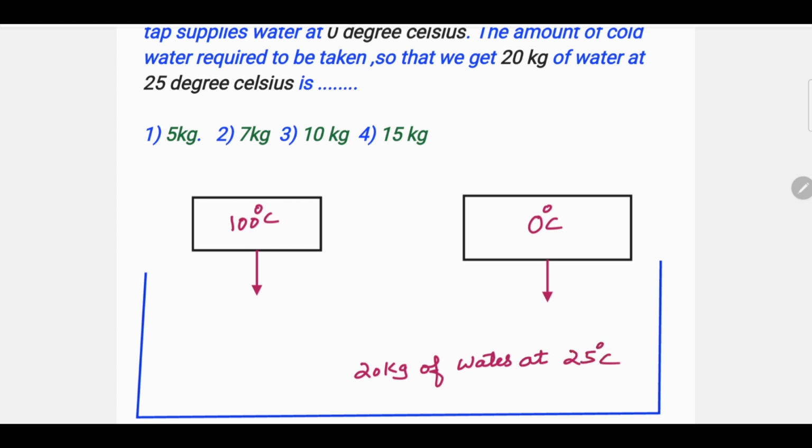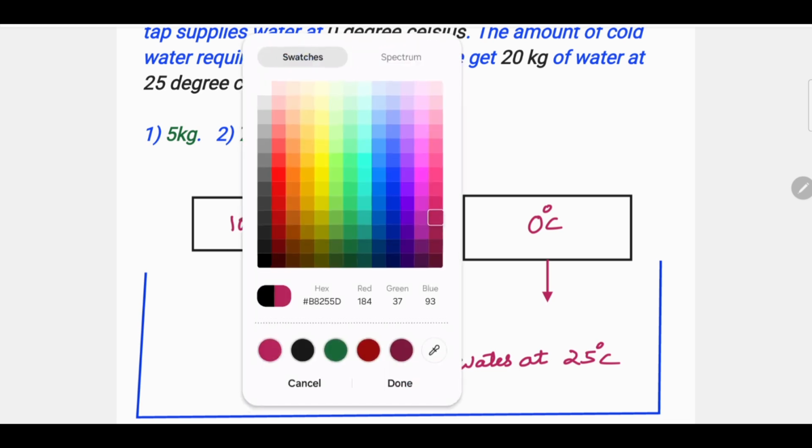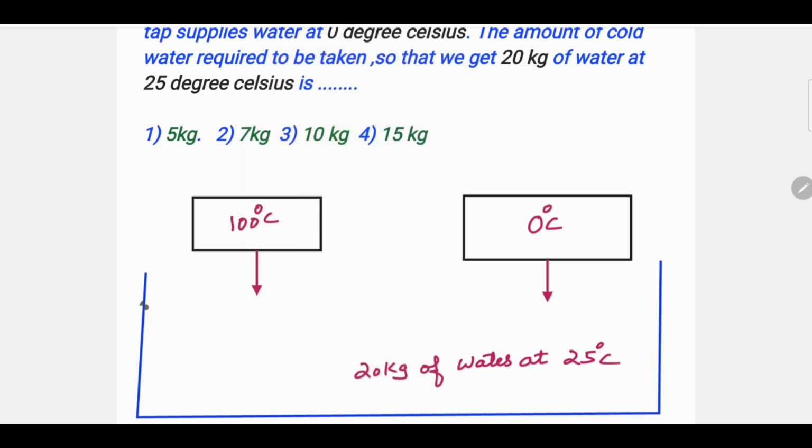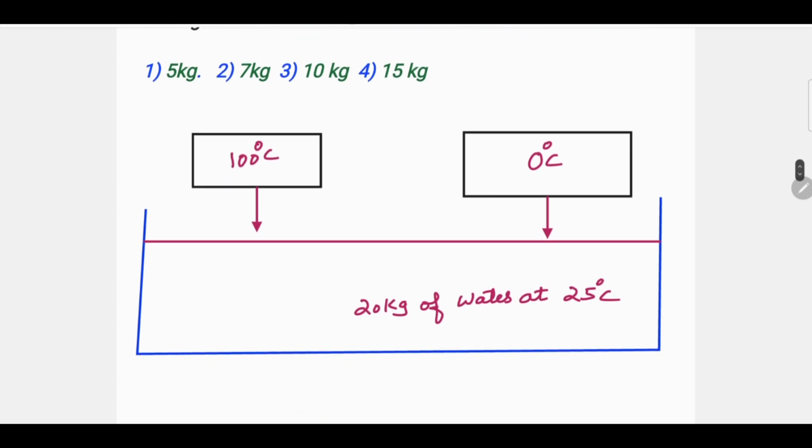This is our requirement, so this is the question. This is the situation. This is the water level. It's a big tank, and these two taps are supplying water to this tank. So our final requirement is 20 kilogram of water at 25 degrees Celsius.